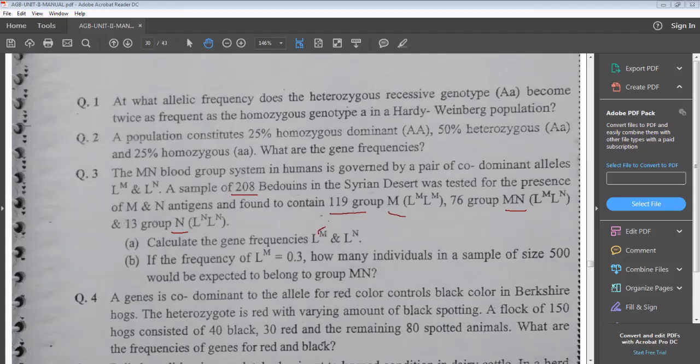Let's consider this is P, this is Q. Similarly the value of P is equal to D plus H by 2 by N. Okay, we have D is 119 plus H by 2, which is 76 by 2, that is 38, by N. N, the total value, is 208.